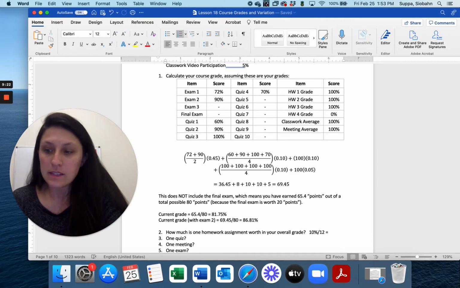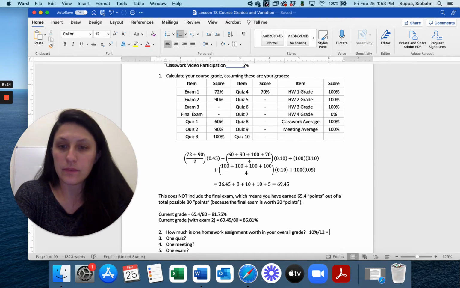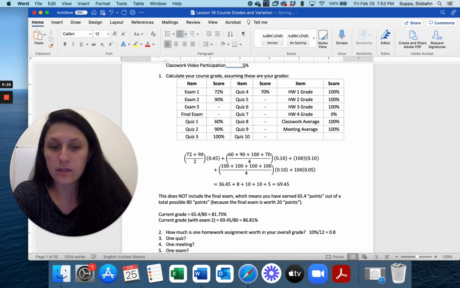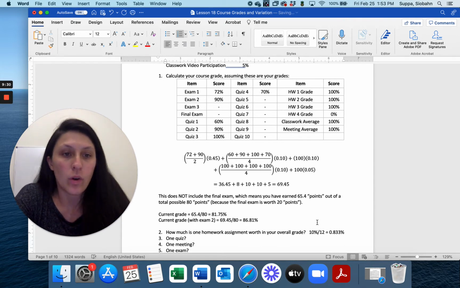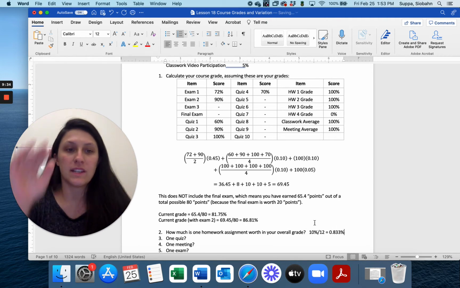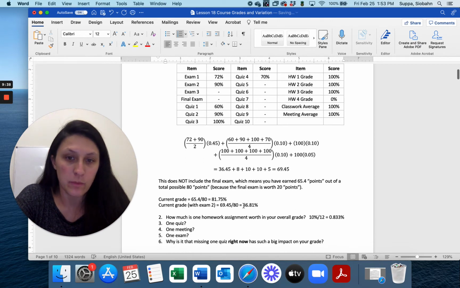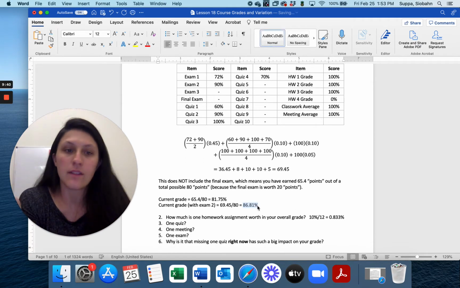All right, and that means each one is about 0.833%. So each homework is not even worth 1% of your grade. It's only going to affect your grade less than 1%. That's a difference from an 86% to an 85%, let's say.